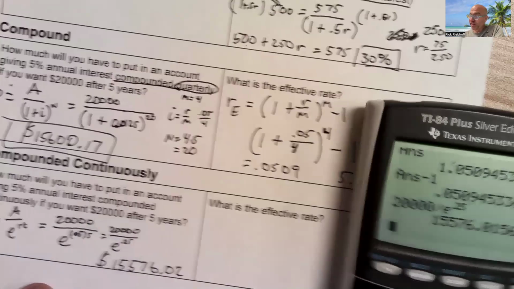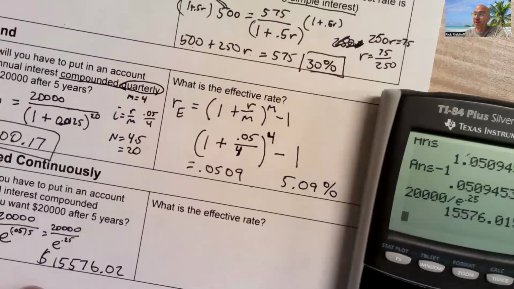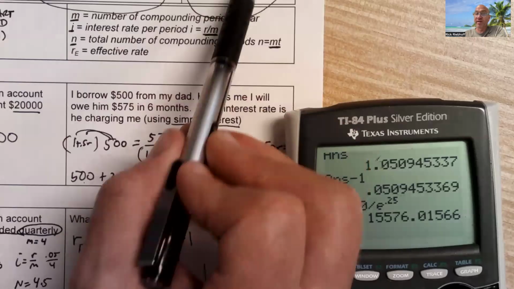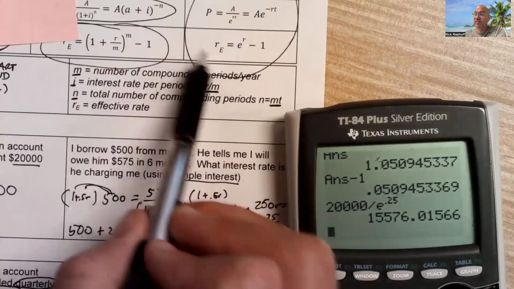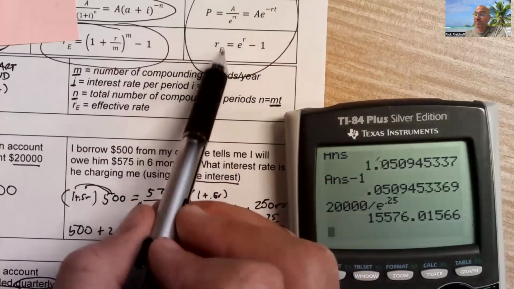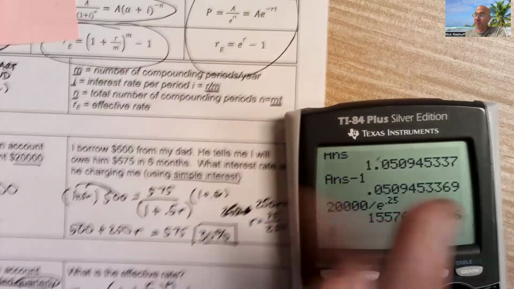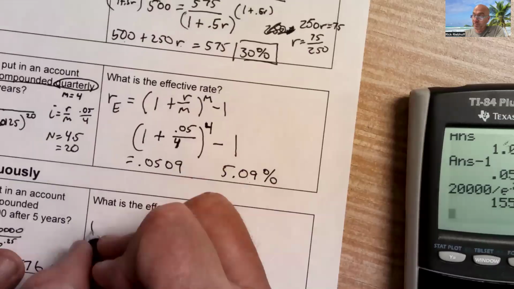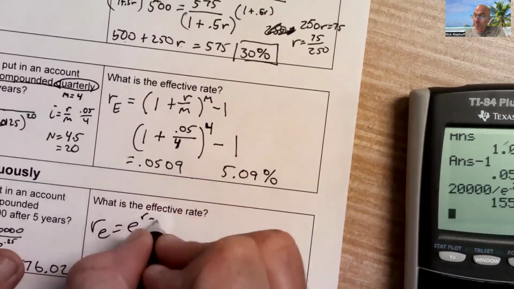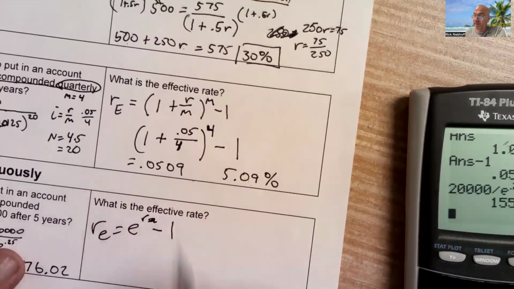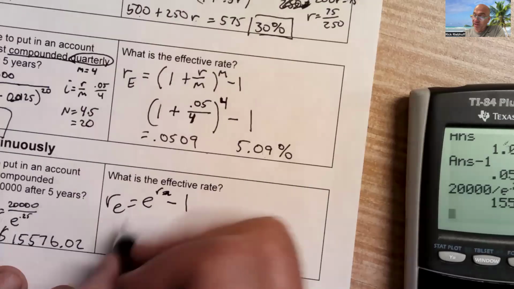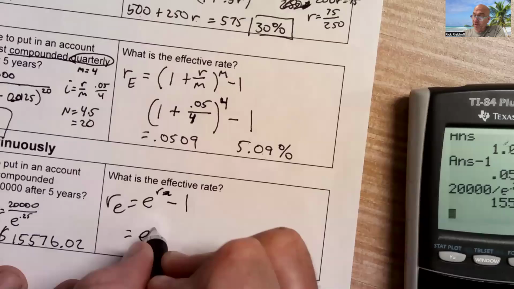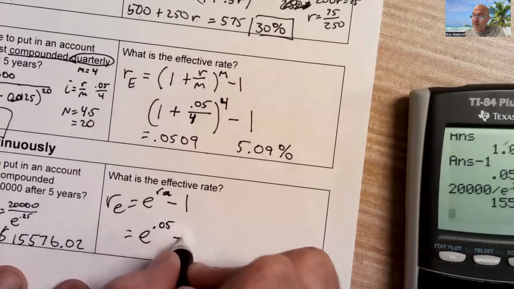All right. What is the effective rate? We're going to come up here to the formula right there. The effective rate is E to the R minus 1. Oops, E to the R minus 1. Minus 1's on the outside. So that's going to be E to the 0.05 minus 1.